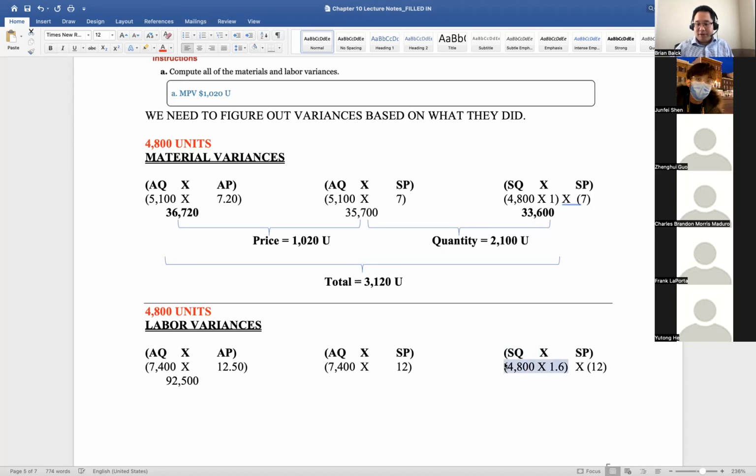You have to think and be careful when you write those numbers down. Okay, so then in the middle, we get 88,800. And then on the right side, we get 4,800 times 1.6 times 12. It's 92,160.